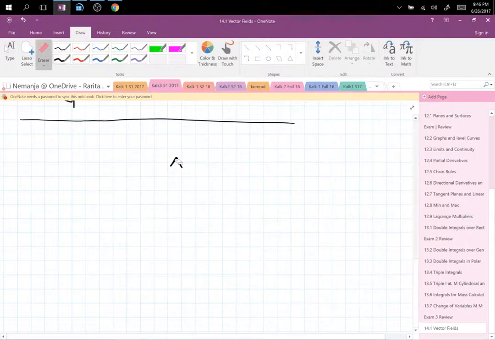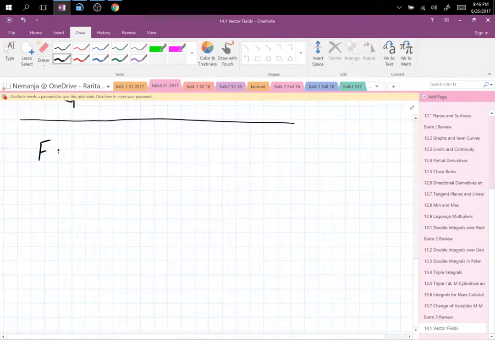A vector field is much trickier in the sense that when you are on the xy plane, there's infinitely many points, and you'd try to draw the vector in each single one of them. There's no way in hell, right? So we are going to draw a few vectors to kind of get the idea of the flow of the entire field.